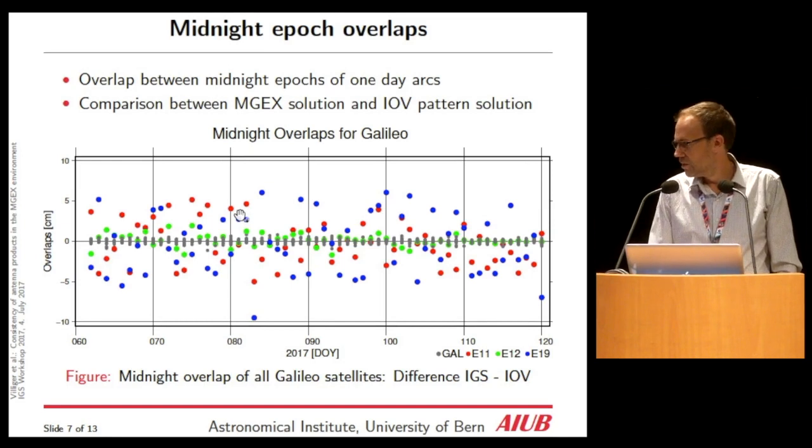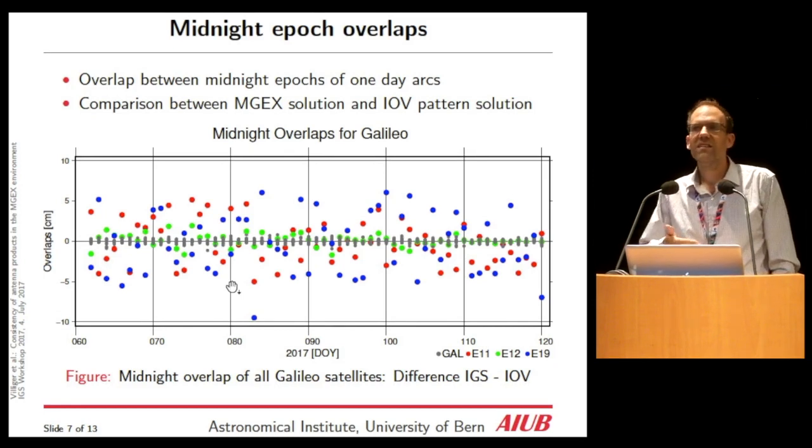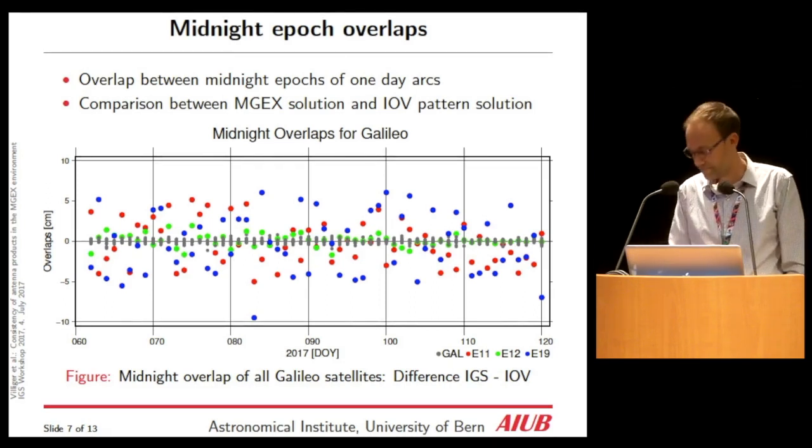So this means in the upper part, I have more consistent orbits, and the lower part means that the overlaps are bigger. Basically, from this plot, I can't say that I see a clear improvement or degradation of the orbits. So with this plot, I can't really see directly if the impact would be better or not.